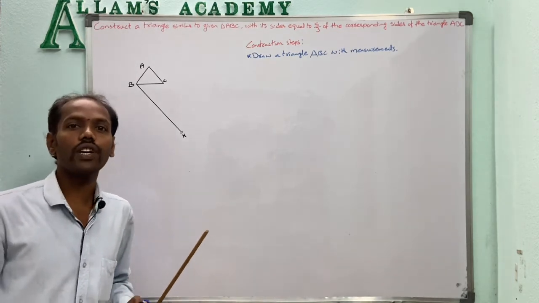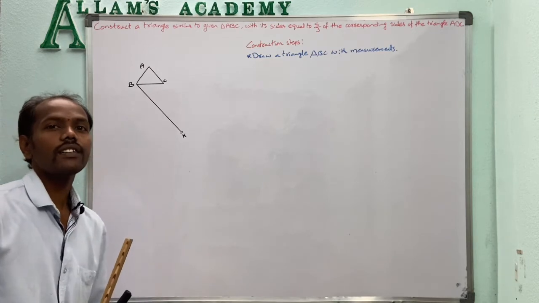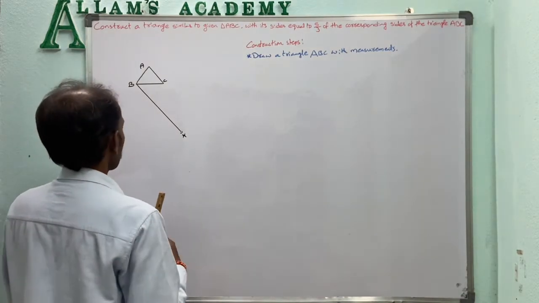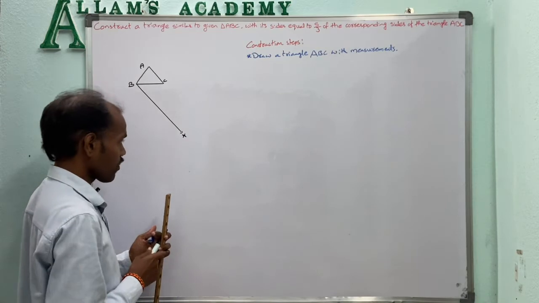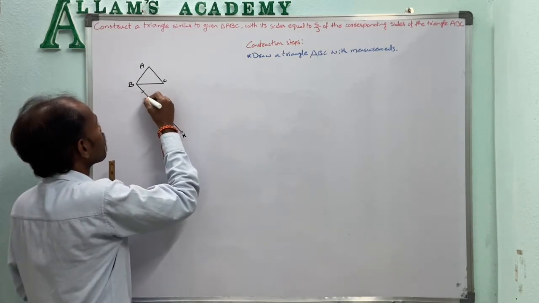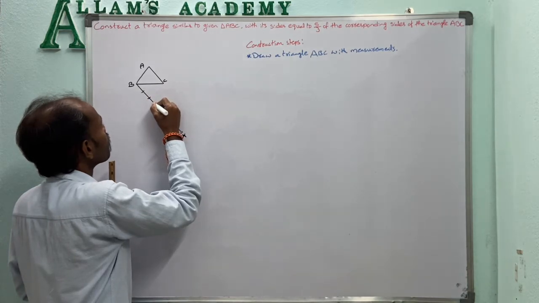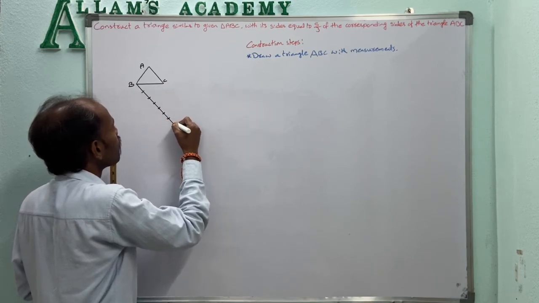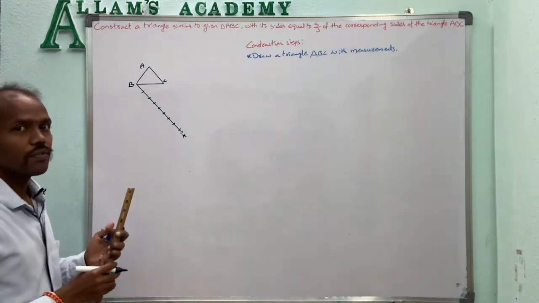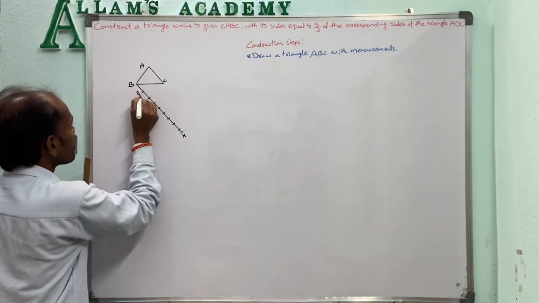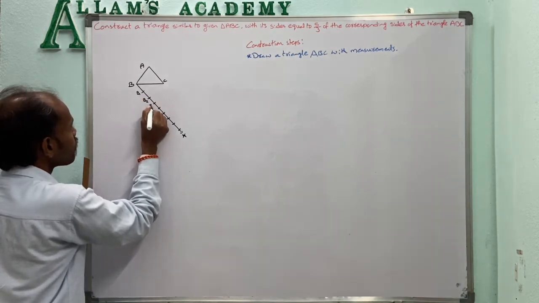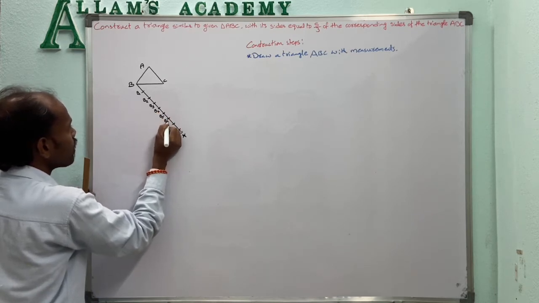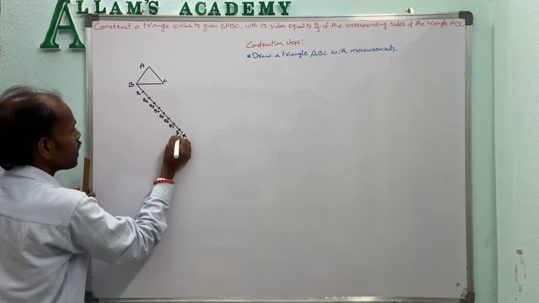That will be done with a compass. Now divide this line segment BX into 8 equal parts. Those points will be indicated as B1, B2, B3, B4, B5, B6, B7, B8.